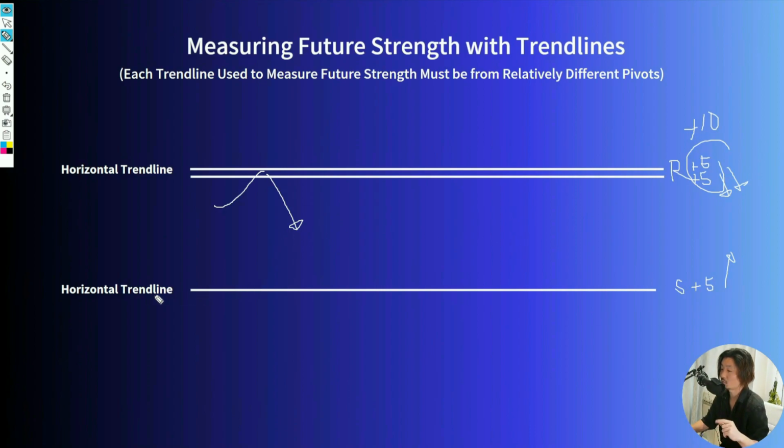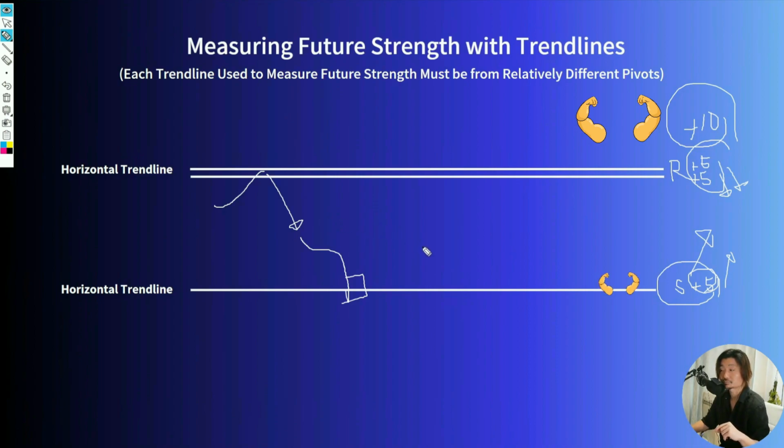And since there's only 1 horizontal trend line as support, creating only plus 5 future long strength, when price reaches this horizontal trend line, it should be broken out, because there's more future short strength than future long strength.